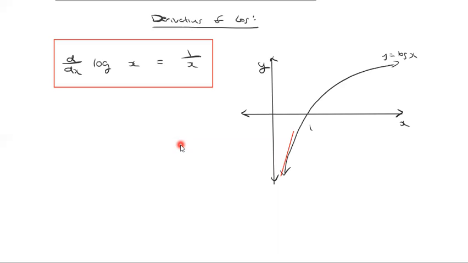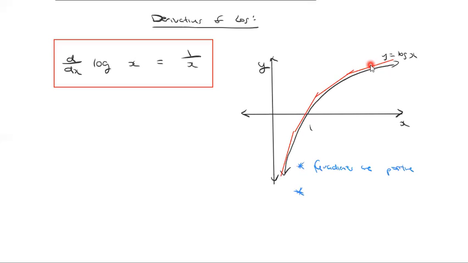If we don't focus on the specific number and just focus on the properties of the derivative, you can probably see that for your log curve, the gradients are positive.